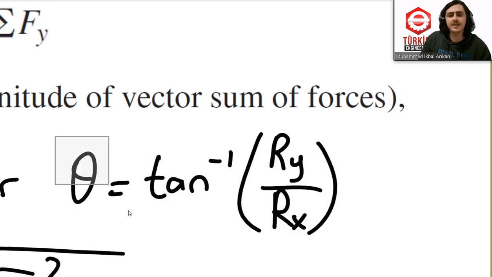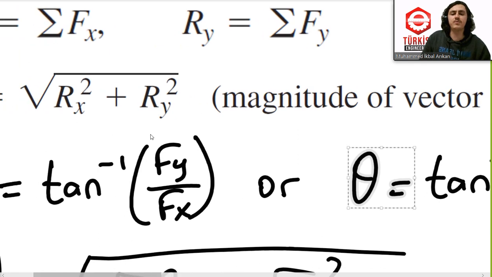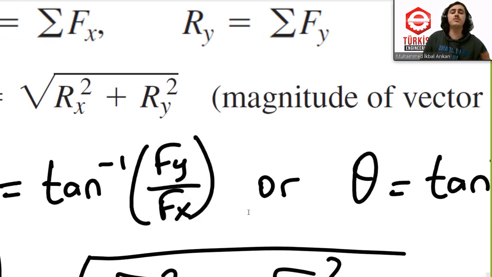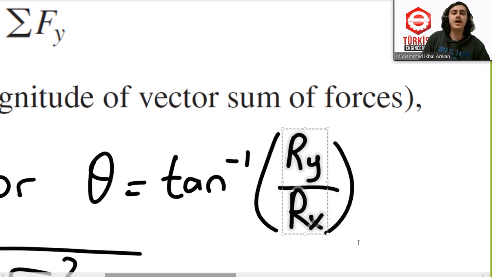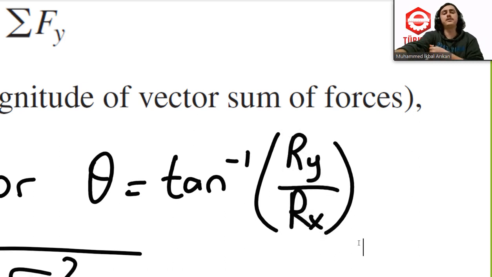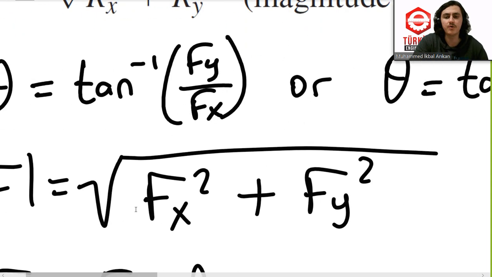But this theta, which is between Ry and Rx, will not be equal to the one for Fy and Fx in most cases, because you have different F's, and each F has a different angle, and the resultant, which is the summation of all force vectors, will give you another angle. When we apply some examples, you will understand more.